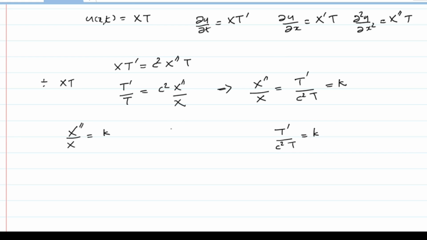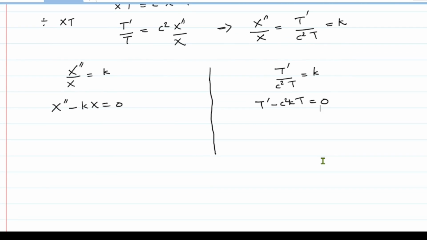From this, X double dash minus kX is equal to 0, and T dash minus c square k T is equal to 0. So we need to solve these two.